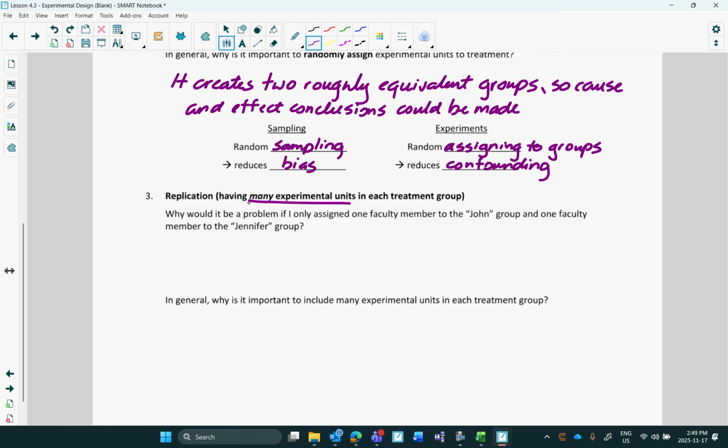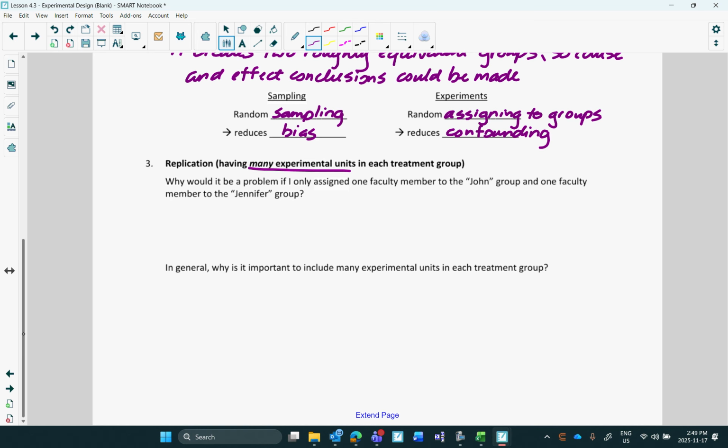Exactly. Okay. Now all of a sudden it's coming down to, we're not creating two roughly equivalent groups. It just comes down to who got assigned to which group by chance. Which is obviously not good experimental design.